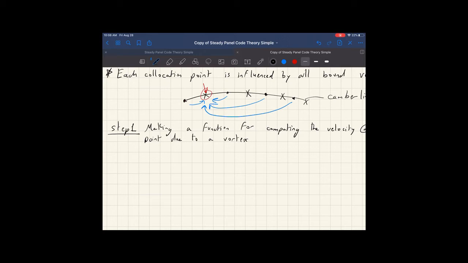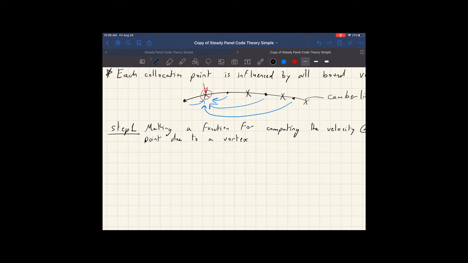Now, before you start, you need to figure out how to write a function that would give you the velocity induced by a vortex on a collocation point.